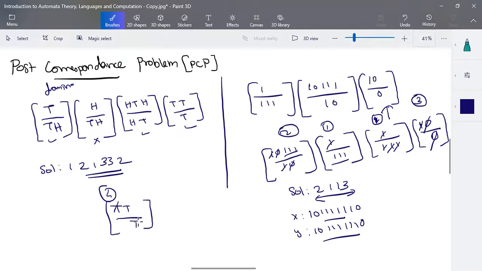Okay, so this T and this T is matching, and you have a top T. And when I have this domino 2, it is H and TH. See, for this T, T matches, and for this H, H matches. By combining the numerator, you have TTH, and the denominator, we have TTH. So it also matches. Okay, so this is the post correspondence problem.